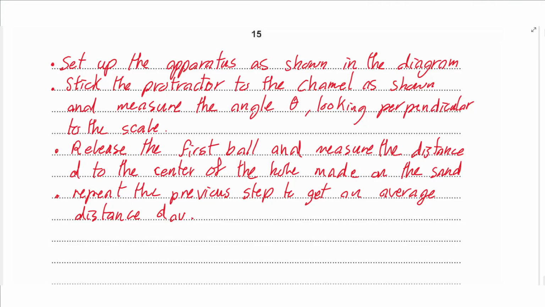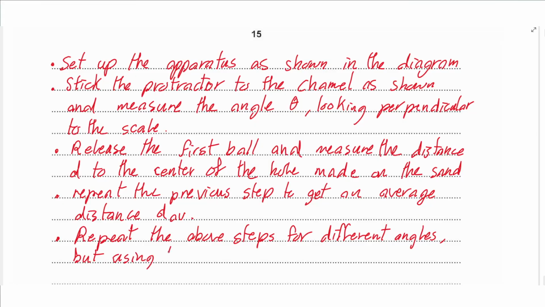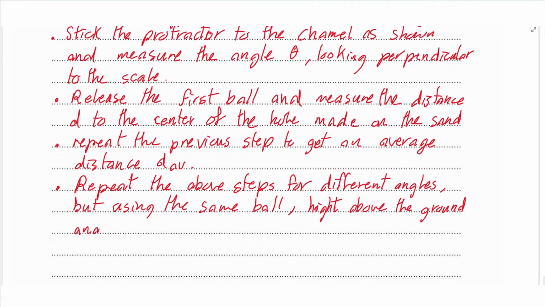We then say that we repeat all the steps for other angles, but then we mention the controlled variables. What will we keep the same in the experiment? So we say repeat the above steps for different angles, but using the same, for example, ball height above the ground and inclination of the top of the channel.